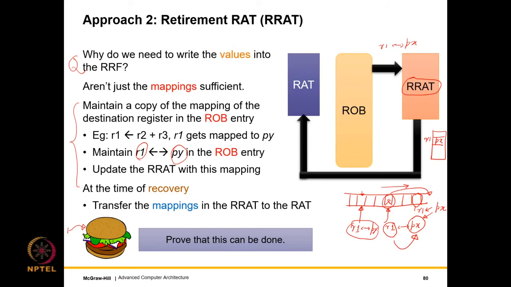Similarly, if this branch would not have suffered from a misprediction, we would have ultimately committed this instruction where R1 is mapped to Py. At that point of time we would have updated the retirement RAT with R1 and Py. So what does the retirement RAT contain?